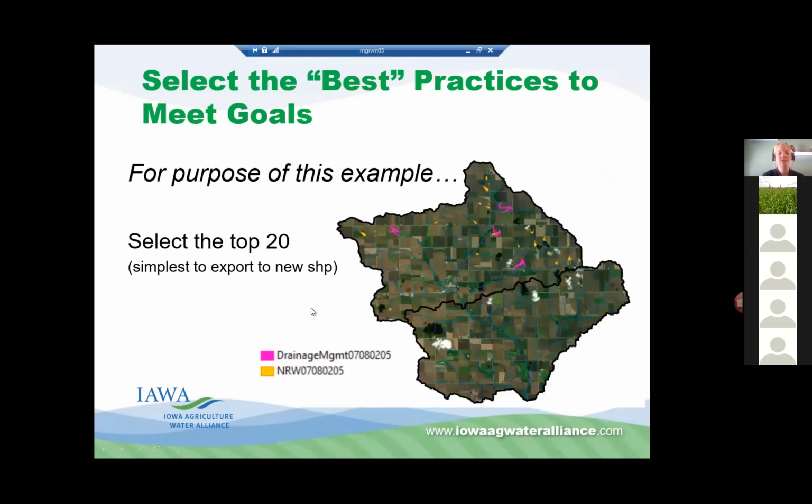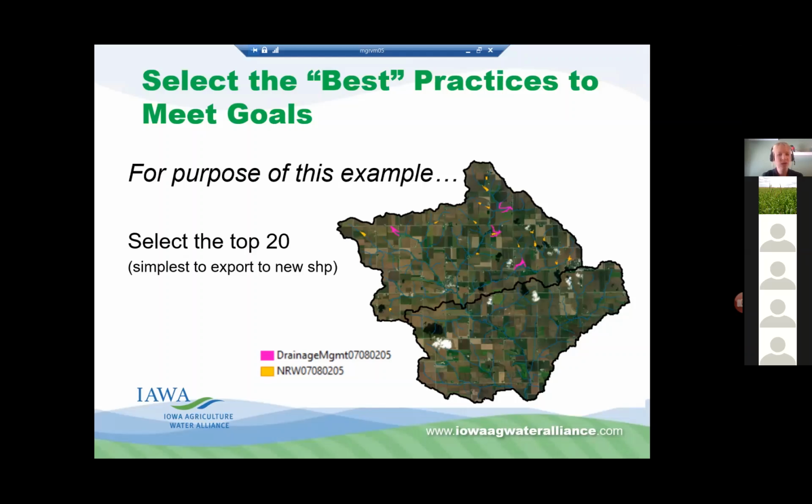Once I have that list organized by best on top, worst on the bottom, I can pick the best practices that I'd like to highlight for their impact on attaining a goal downstream. For purposes of this example, just to be really simple, I selected the top 20 practices within the subwatershed area in order to highlight.